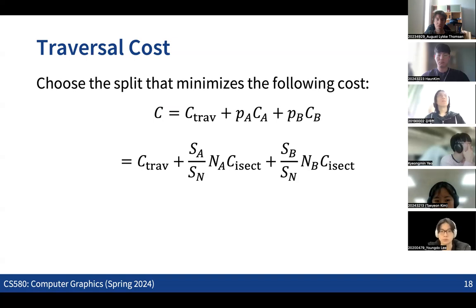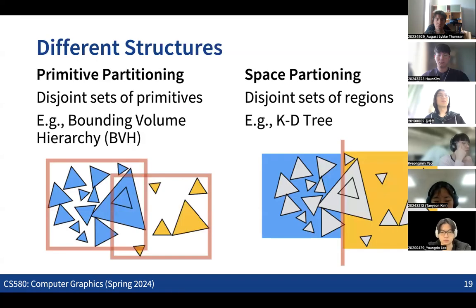Yeah, so this was one example where we make a hierarchical structure by splitting the primitives in the space, basically making two subsets of the primitives. But the other way around, making a specialty data structure, is not dividing the given set of primitives, but dividing the region in this 3D space.